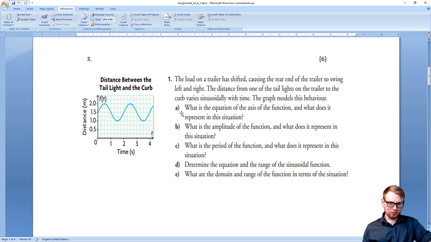So the domain is the values where the function exists for the x-axis. Since in the context of this question we don't have negative numbers, there's no negative time. So the domain is only positive time, right? From 0, it looks like it goes on forever. So from 0 to infinity. The domain. Does that make sense?